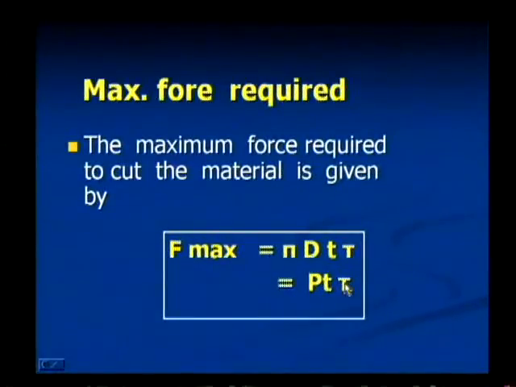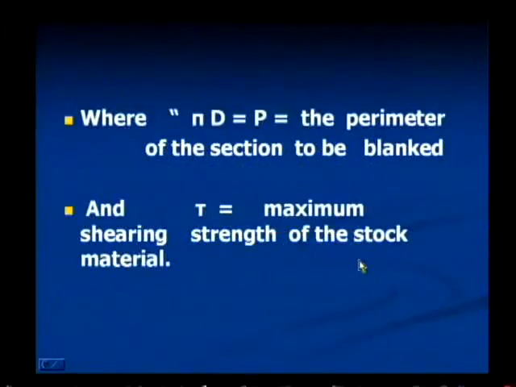You can see P is the perimeter of the section to be blanked, and tau is the maximum shearing strength of the stock material, that is, the maximum permissible shearing stress of the material.